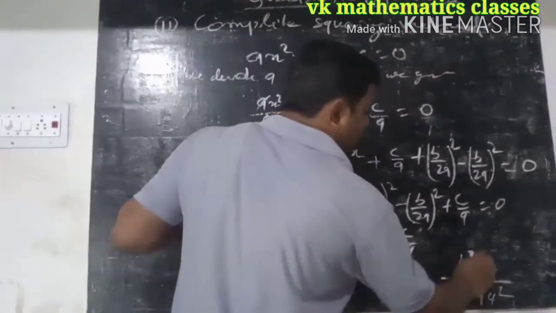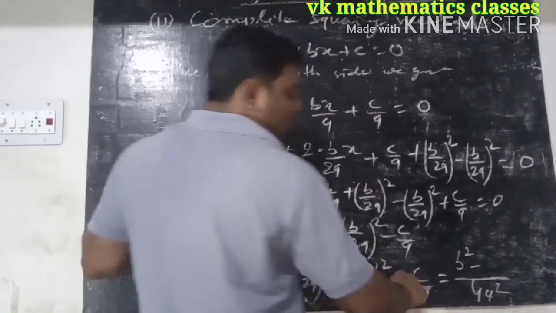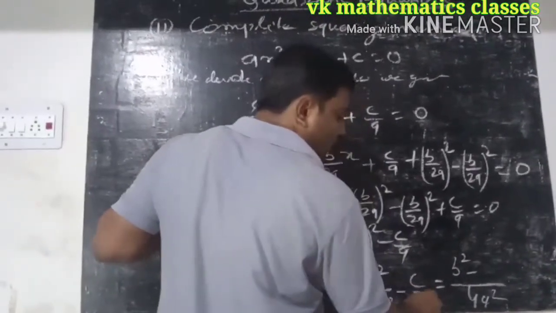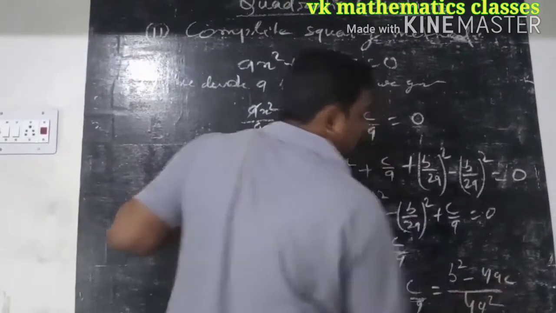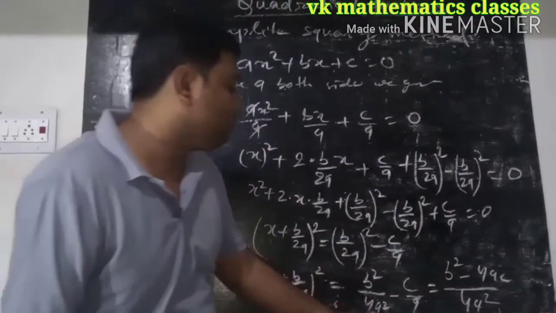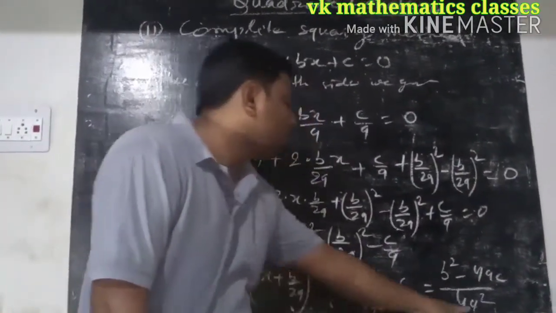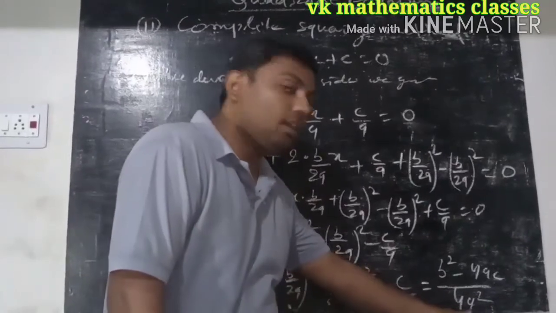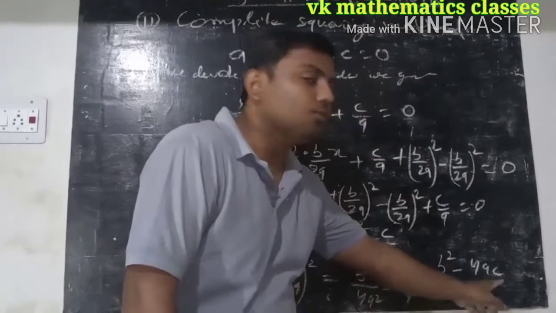Dividing 4a square by a, the remainder is 4a, multiplied by c, so b square minus 4ac.